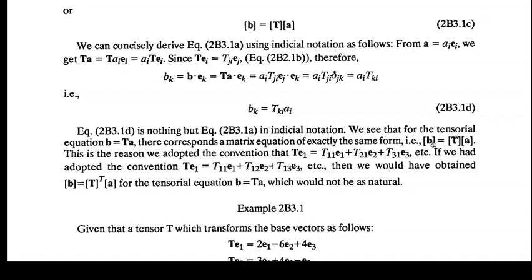And this is why it is so, because we have used the convention Te1 equals T11 e1 plus T21 e2 plus T31 e3, and Te2 equals T12 e1 plus T22 e2 plus T32 e3, and similarly Te3 equals T13 e1 plus T23 e2 plus T33 e3.